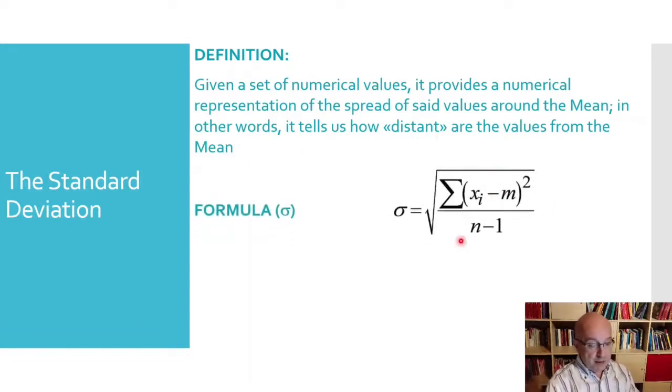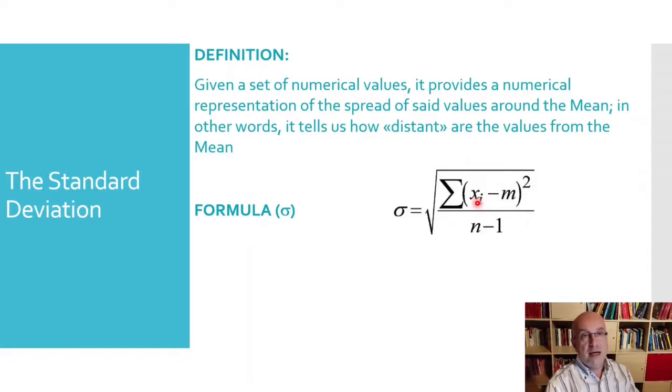This is the formula. The formula of the standard deviation is represented by the Greek letter sigma. It's a square root of a numerator and a denominator. The numerator is again the sum, expressed by the summation symbol, of square terms, where each term is the difference between the mean of the distribution and the single value of the distribution.